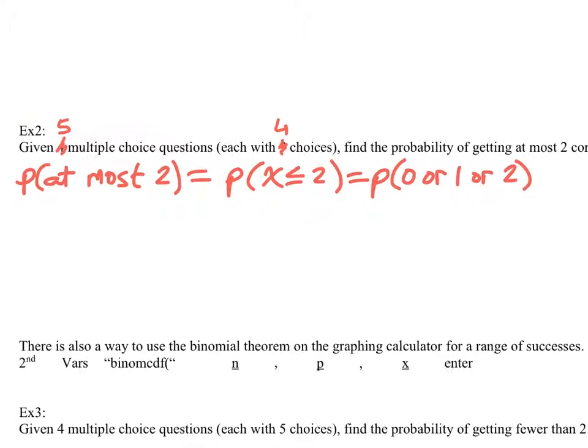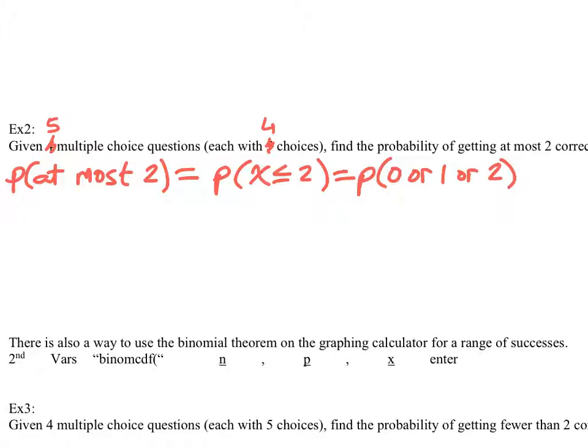There's a function in your calculator, binom CDF. C stands for cumulative. So what I would do here is type in 5, 1/4, and 2. This will return the sum of all values less than or equal to 2.